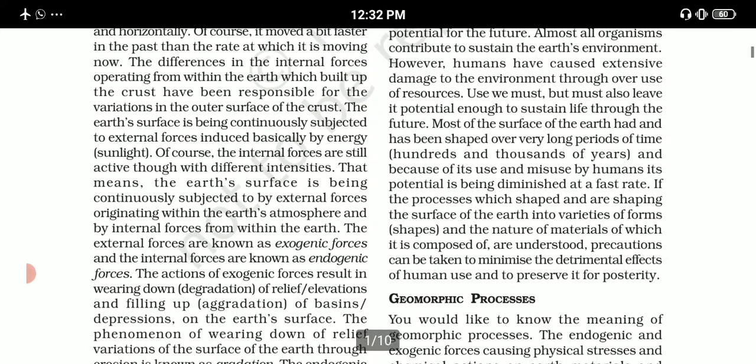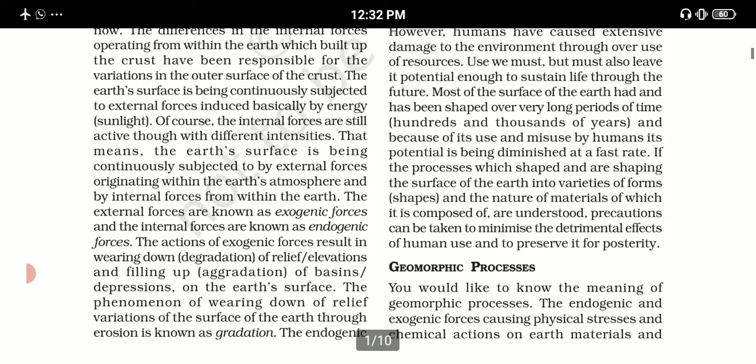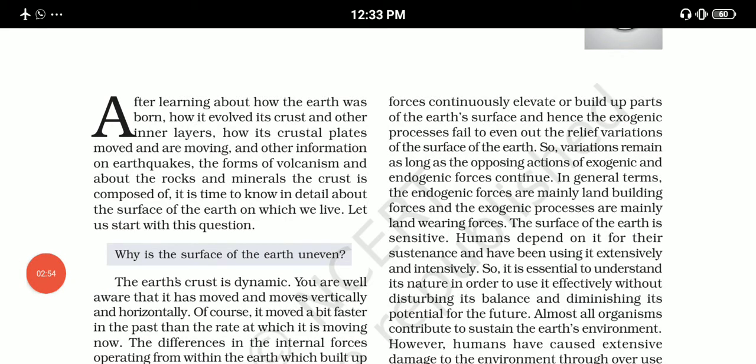The action of exogenic forces results in different degradation, like wearing down relief and elevations and filling up basins and depressions on the earth's surface. This phenomenon of wearing down relief variation of the earth's surface is known as gradation. The endogenic forces continuously elevate or build up parts of the earth's surface, and exogenic processes fail to even out the relief variation, as long as the opposing actions of exogenic and endogenic forces continue.